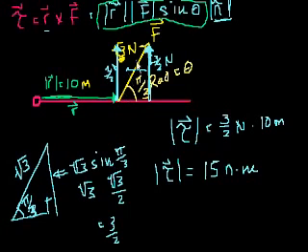The magnitude of our force vector times sine of theta gave us the component of the force vector that is perpendicular to the arm. And we just multiplied that times the magnitude of r, and we got the magnitude of the torque vector, which was 15. We could leave out the Newton meters for now. And then its direction is this vector that we specified by n. We could call it a normal vector.